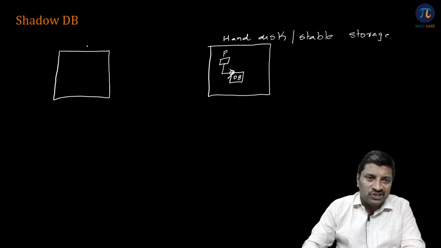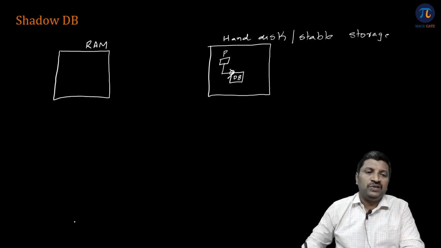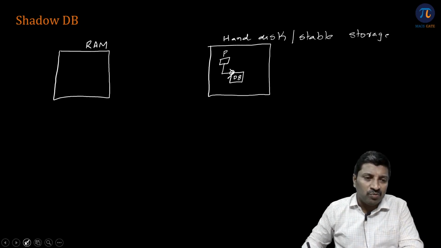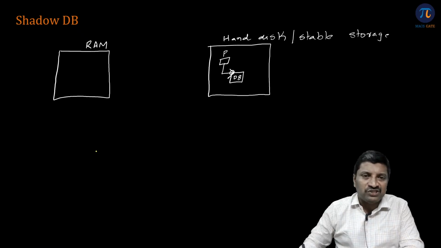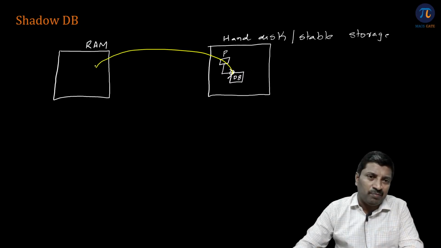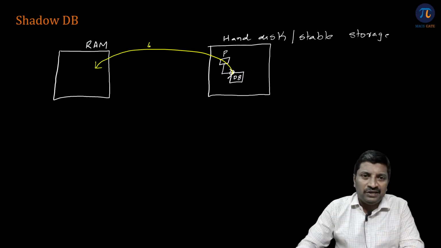Now, let us assume this is our main memory or RAM in our system. Whenever we want to do the modification, the first step is to bring the entire database to the RAM. So this is the database copying.